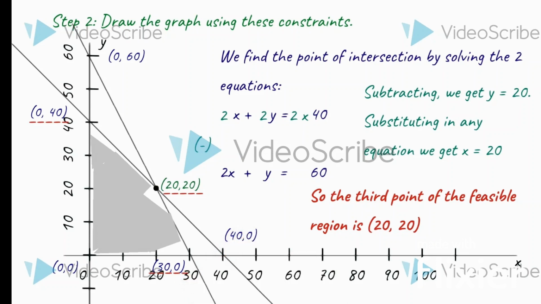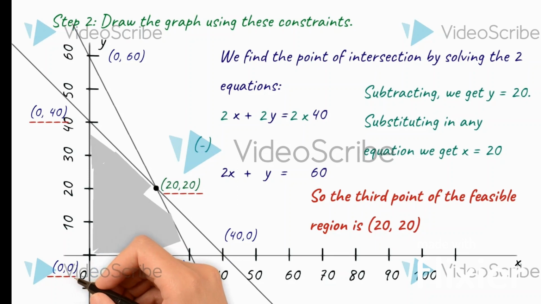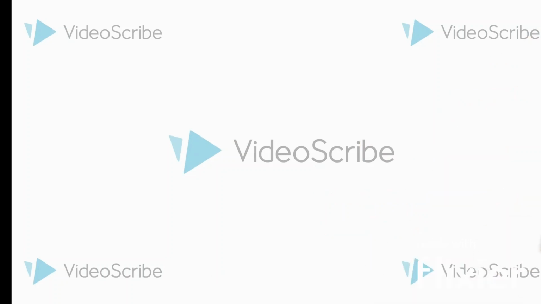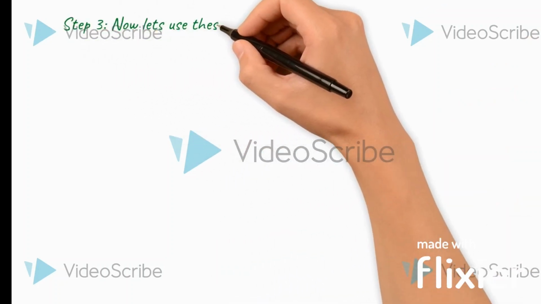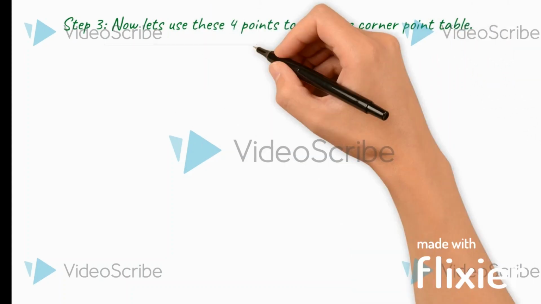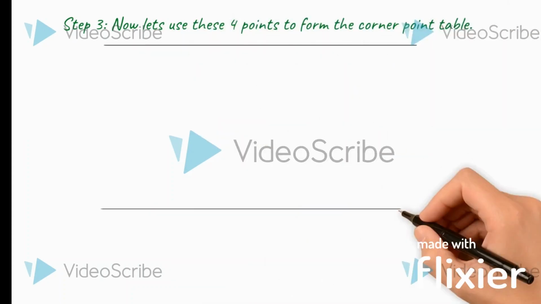We now need to solve for these points in the objective function, and see where we are getting the minimum or maximum value depending on the problem. So we make the corner point table.